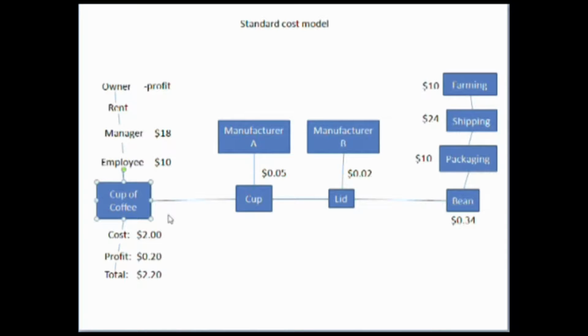And this business model or architecture can apply to almost any product. We can replace this with bread, and our cup would be like eggs possibly, and then our lid would probably be like sugar, and then our bean would be wheat.